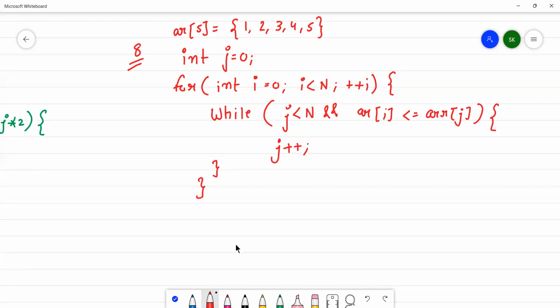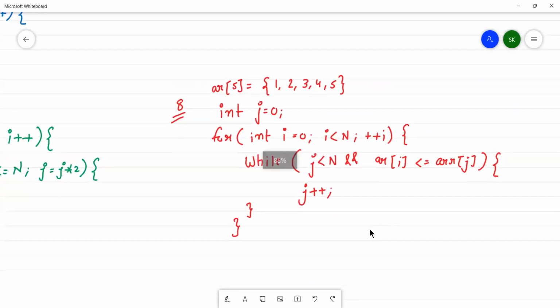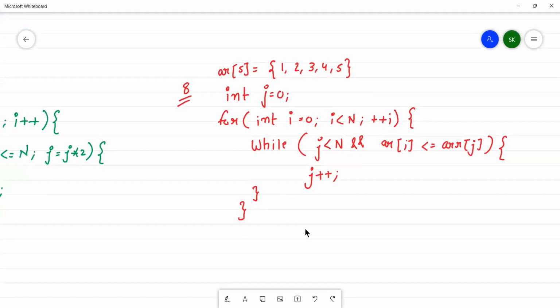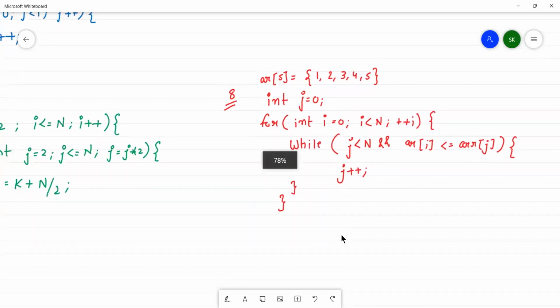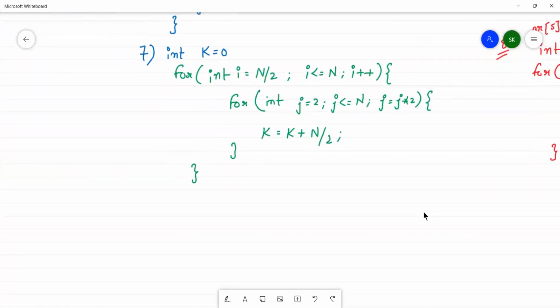Yep. You all take the screenshot for the 8th one first. Is it taken or not? Okay. See the 7th one as well.